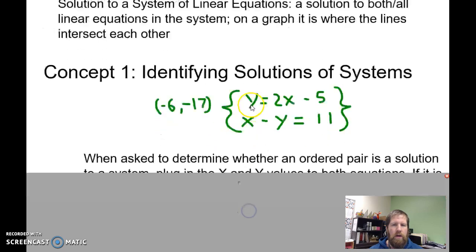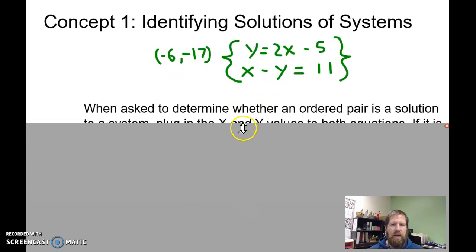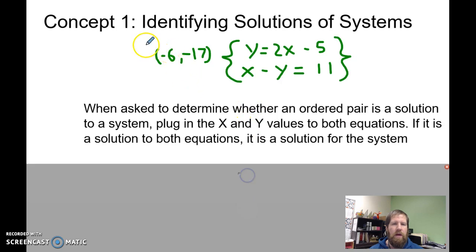All right. So when we're trying to identify if an ordered pair is a solution to a system of linear equations, and sometimes we just call it a system, so if we're trying to figure out if (-6, -17) is a solution to both of these two equations, all we're going to do is plug it in. We have y equals 2x minus 5.